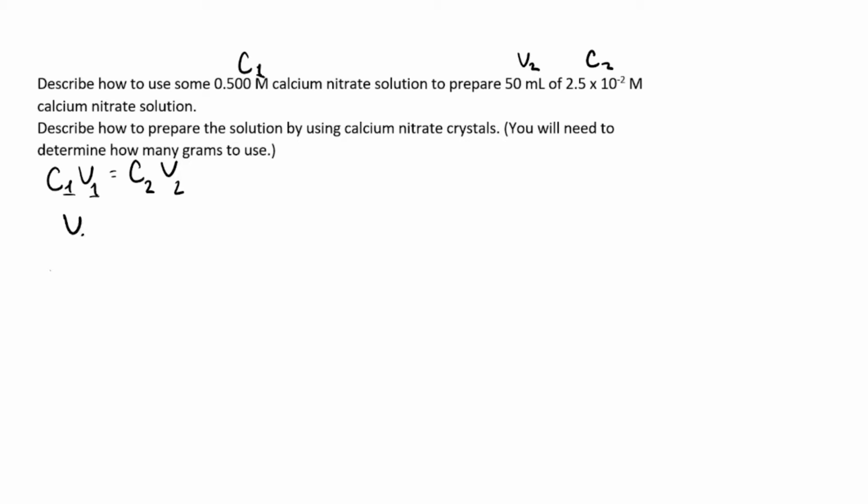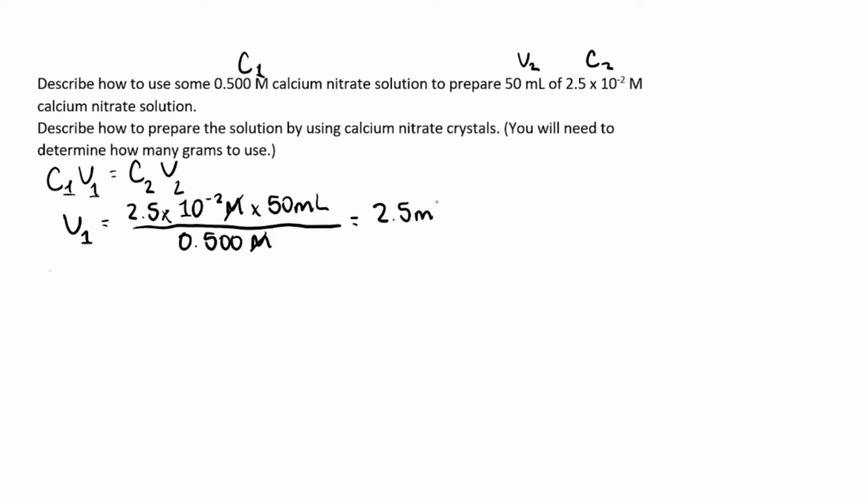All right, volume 1 is going to equal 2.5 times 10 to the negative 2 molarity times 50 milliliters divided by 0.500 molarity. So molarity is going to cancel, and doing the math for that, you end up with 2.5 milliliters of the 0.500 molarity calcium nitrate solution.